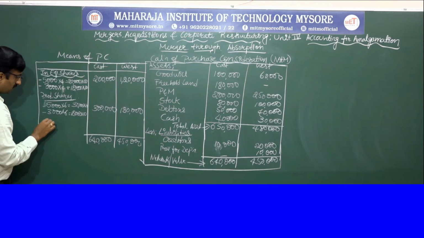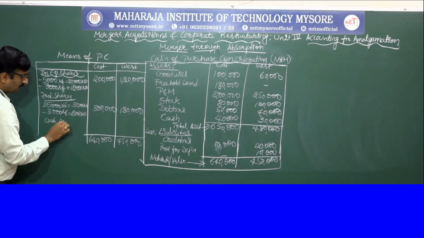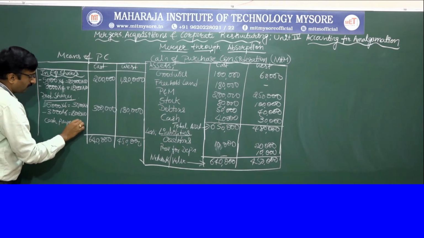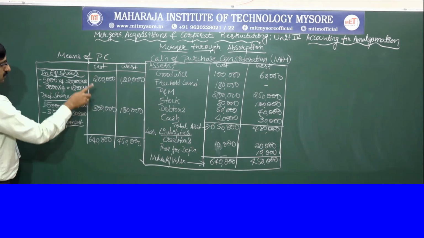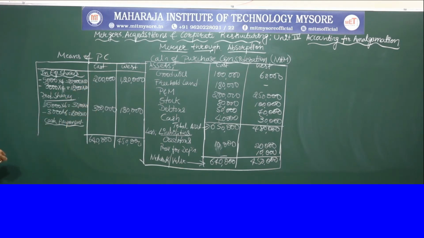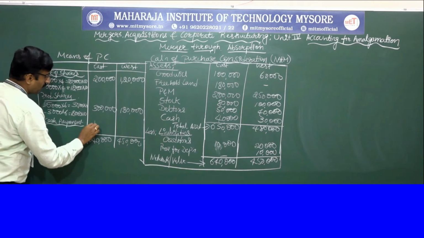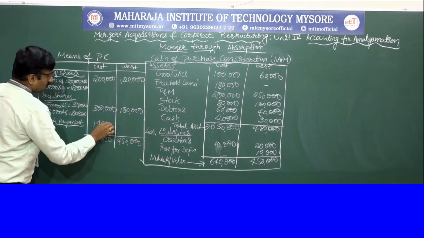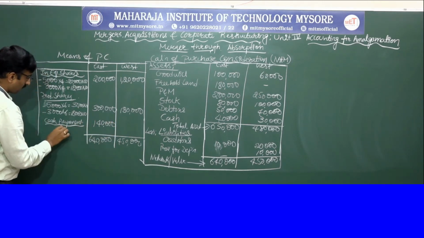So next, cash payment. Whatever you get as the balancing figure, that is considered. So 6,40,000 minus 5 lakh, you will get the remaining amount: 1,40,000. This is the balancing figure.